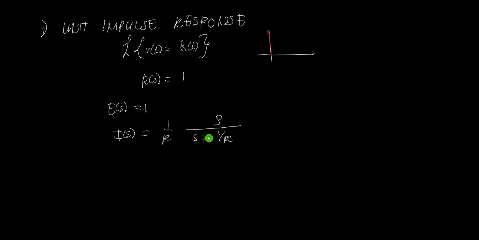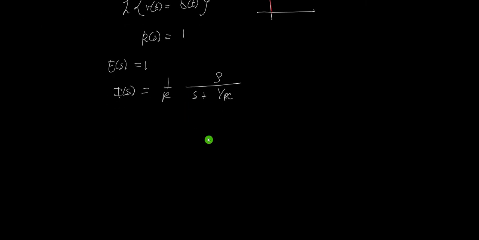Then to solve for the time response, we need to go back to the time domain. To go back to the time domain, we need to take the inverse Laplace. The inverse Laplace of capital I of s is just I of t. But how do we take the inverse Laplace of this type of equation? 1 over RC here is constant, 1 over R is also constant, and we have s over s plus 1 over RC.